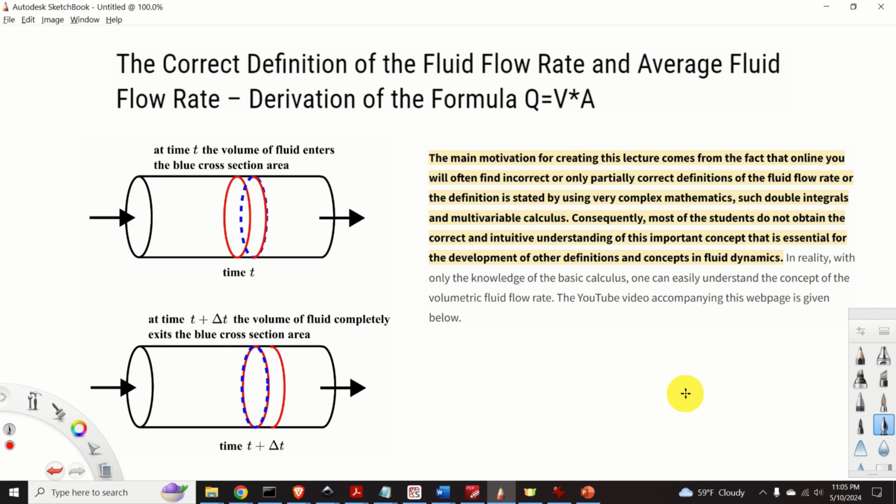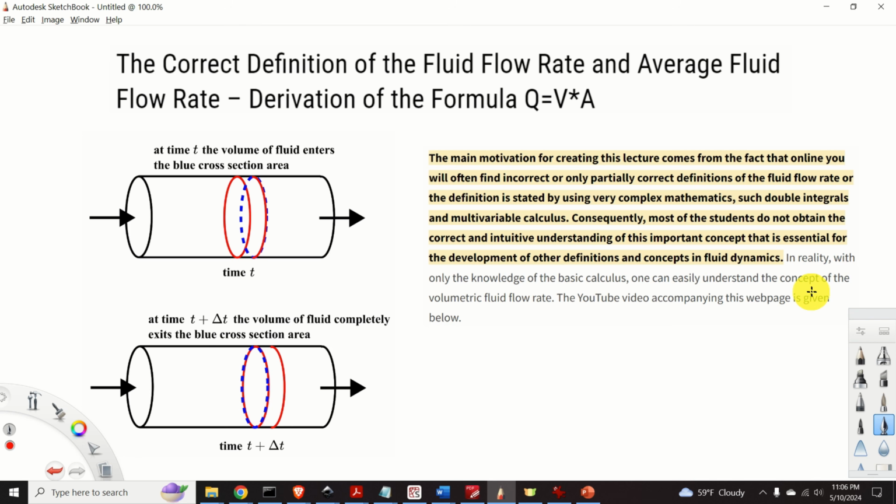Well, the main motivation for creating this lecture comes from the fact that online you will often find incorrect or only partially correct definitions of the fluid flow rate, or the definition is stated by using very complex mathematics such as double integrals and multivariable calculus. Consequently, most of the students do not obtain the correct and intuitive understanding of this important concept that is essential for the development of other definitions and concepts in fluid dynamics.